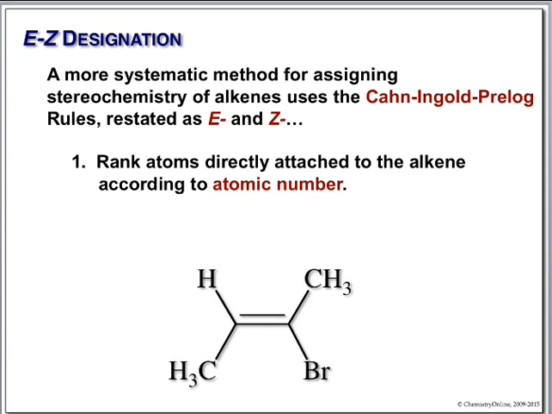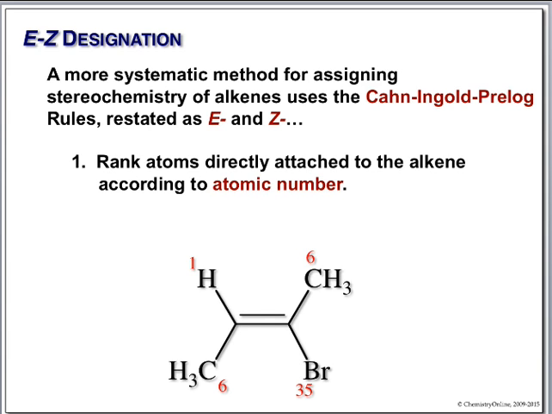So let's look at this compound here. We want to come up with a name. What we're going to do is look at the atomic numbers of the things that are attached on all sides. Hydrogen is 1, carbon is 6. Carbon is 6, bromine is big. 35 is big.